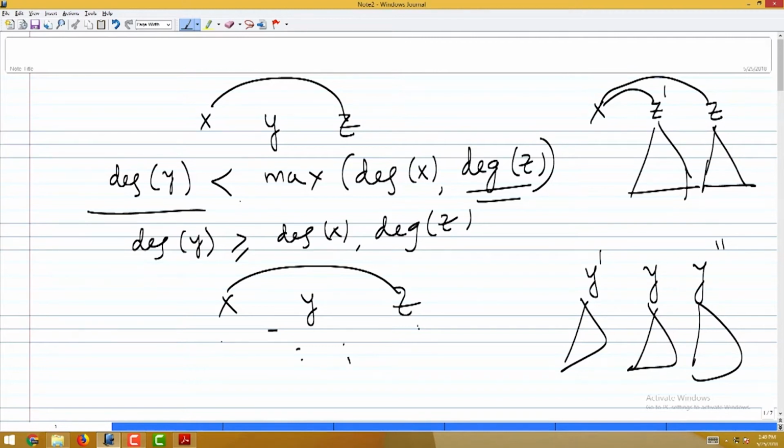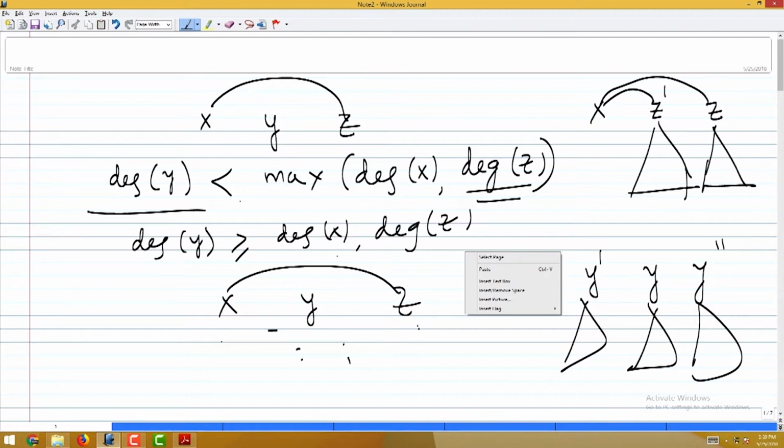So, this also is a graph which does not have a complete subgraph on m plus 1 vertices. Now, it has more edges. Why? Because degree of x was less than or equal to degree of y, and so was degree of z, but now I have replaced them with something larger for both of them.